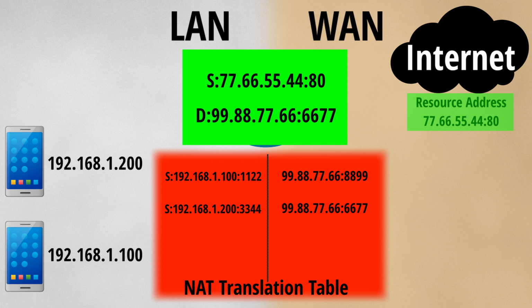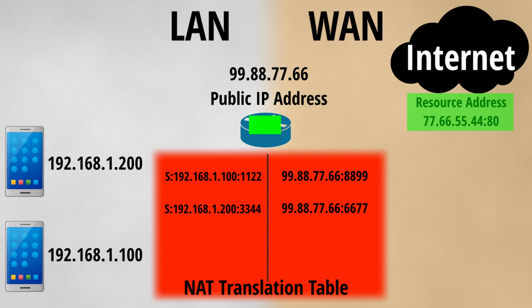And the destination will be the original source, 99.88.77.66 port 6677. It hits the router externally and gets untranslated from 99.88.77.66 port 6677 back to 192.168.1.200 port 3344, and it's forwarded to the source device.